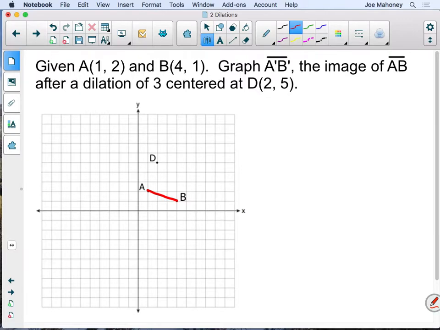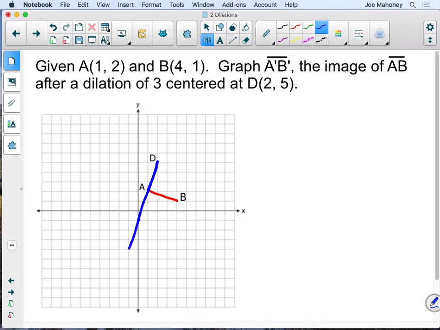So that means our scale factor is 3, so I'm tripling the distance. So notice to go from D to A, I have to go like down 3 and over 1. So that's one length. Well, if I go down another 3 and over another 1, that's a second length. If I go down 3 and over another 1, that's a third length.